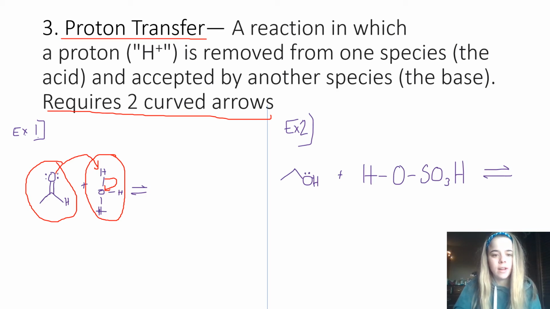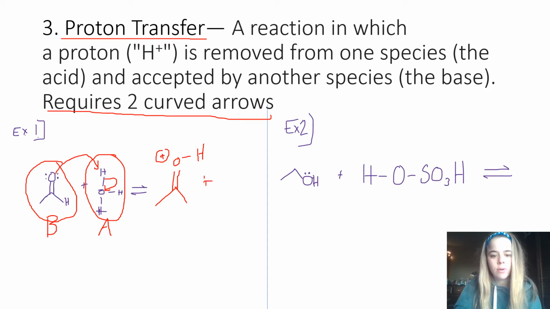Now, to identify the base and acid in this reaction, again, the base is the one that accepts the hydrogen ions, and in this case, this is going to be accepting that hydrogen, and therefore this is the acid, which is going to donate the hydrogen. So this is going to form a bond between the oxygen and hydrogen, and this will be positively charged because the oxygen will have 3 bonds.